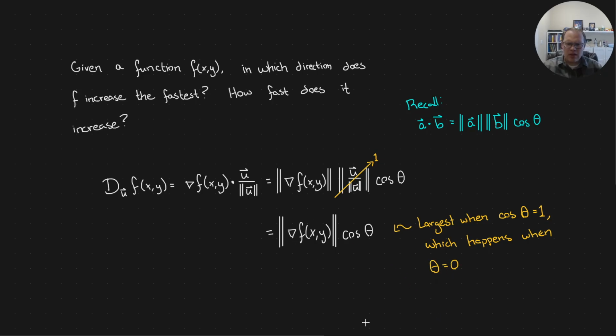Which means that our directional derivative is largest. Our rate of change of function f is largest when the angle between the gradient and this unit vector is 0. In other words, it's largest when this unit vector is pointing in the direction of the gradient. The gradient is already pointing in the direction where f changes the fastest.